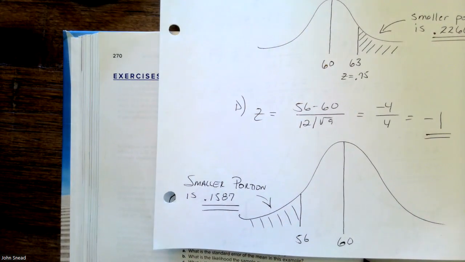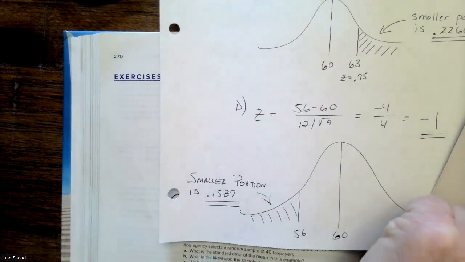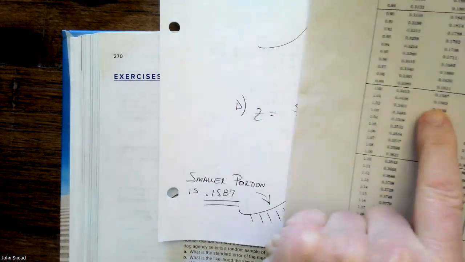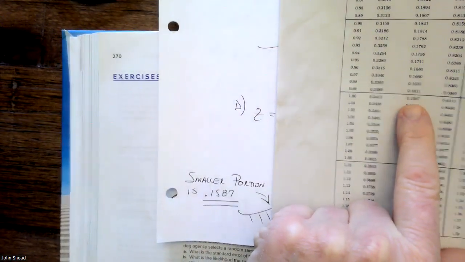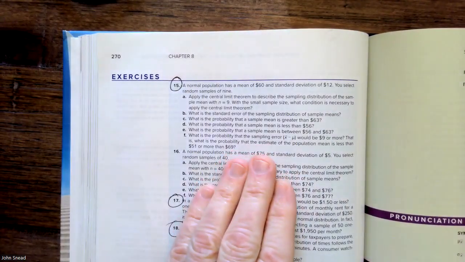We're going to look for the smaller portion, and that is 0.1587. Again, looking at the chart, go to the z-value of 1 and the smaller portion, 0.1587.